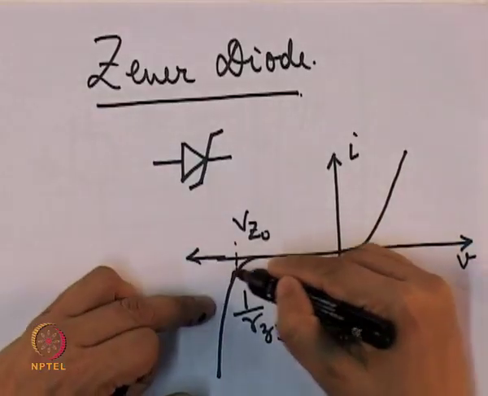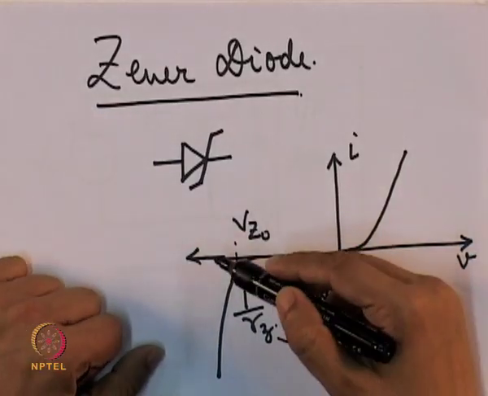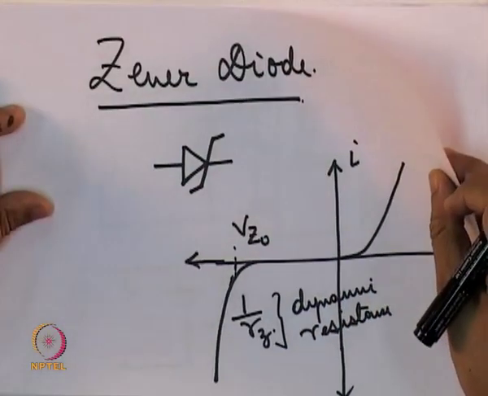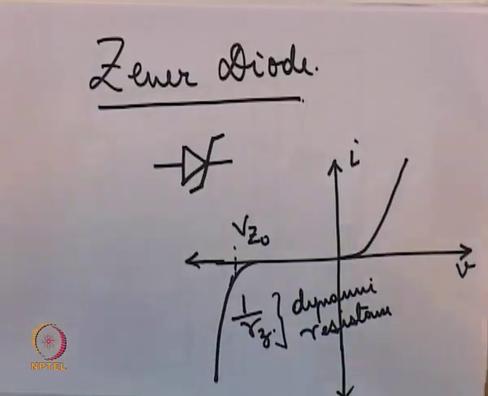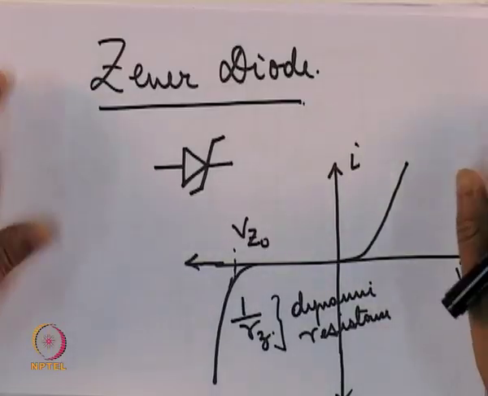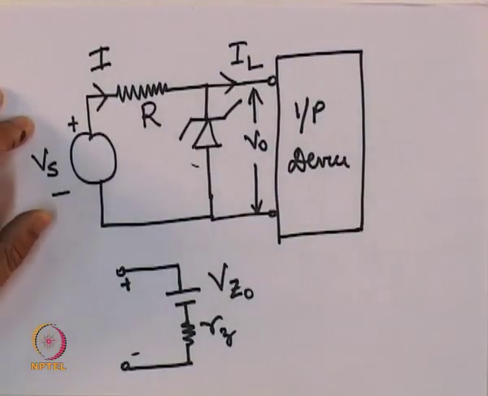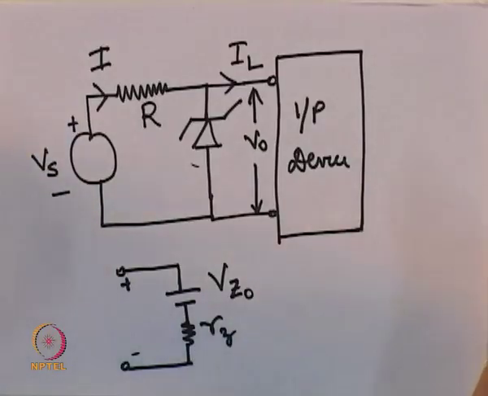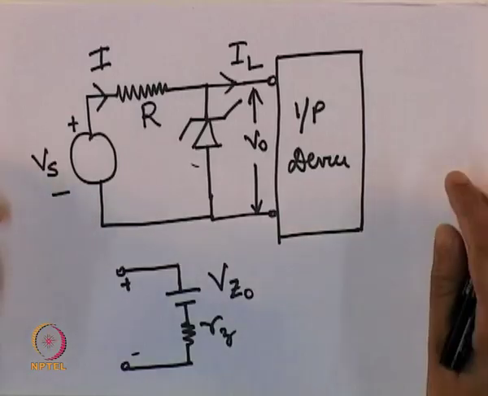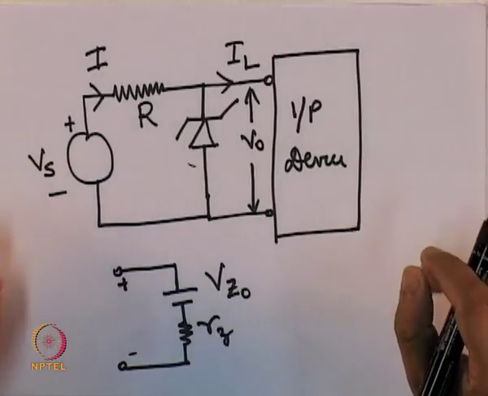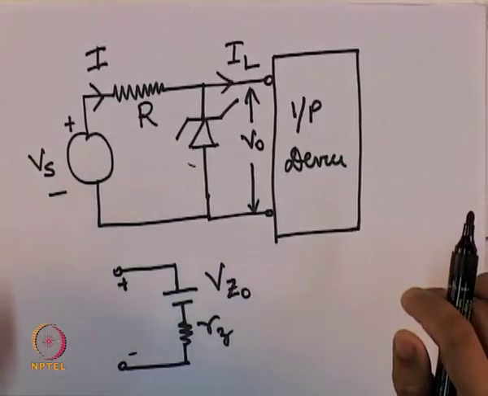That is, if the voltage becomes more negative than V z 0, it is not that it will be immediately cut off the output, or there will be a huge surge in current that will short the output. No, it is not like that. Because of this finite resistance R z, a Zener diode is just like any other device, not an ideal cutoff device, and we have to analyze it properly.